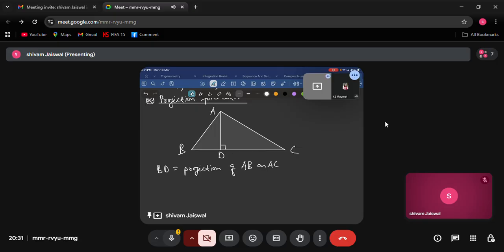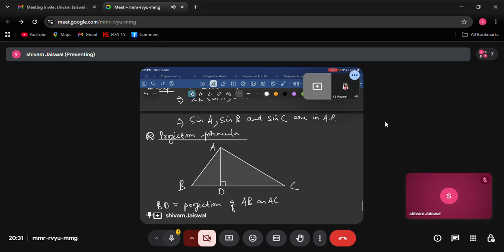Ratim, Devang, you people remember that when the sun is overhead of this triangle, where will the shadow of AB lie? Tell me. BD.